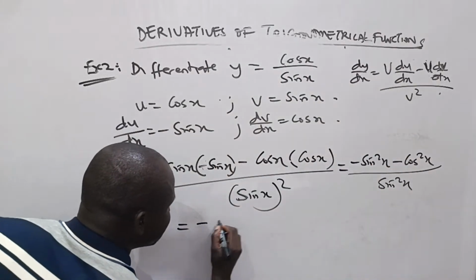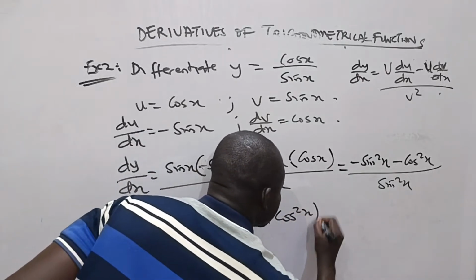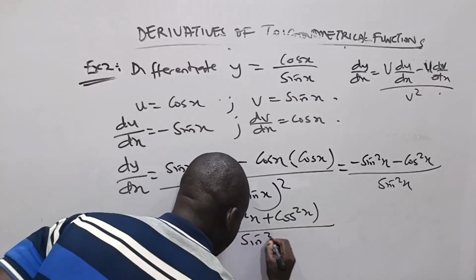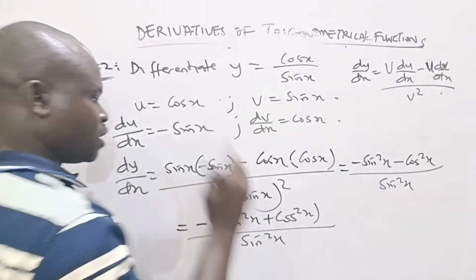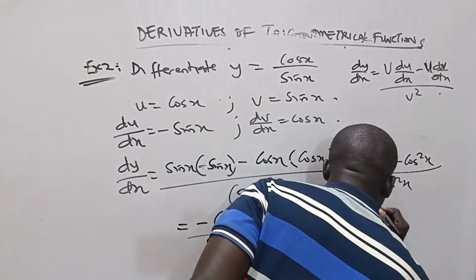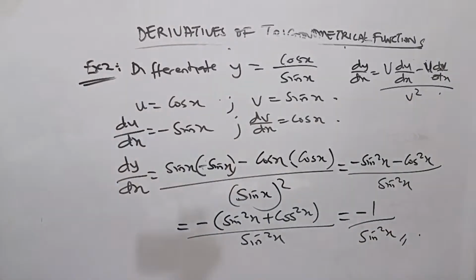That is, minus into bracket sine square x plus cos square x all over sine square x. If you recall the fundamental identity, sine square x plus cos square x is equal to 1. So at the end of the day, our answer will be minus 1 all over sine square x. That's what we are going to get.